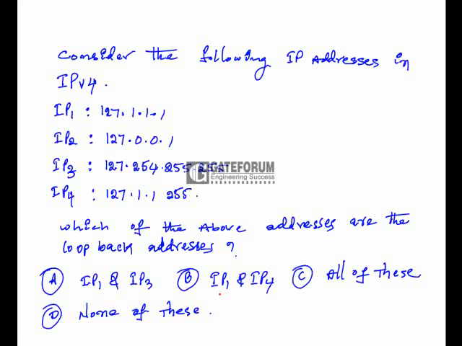IP addresses in IP version 4. IP1 is 127.1.1.1, IP2 is 127.0.0.1, IP3 is 127.254.255.255, IP4 is 127.1.1.255. Which of the above addresses are loopback addresses? Options: IP1 and 3, 1 and 4, all of these, none of these.